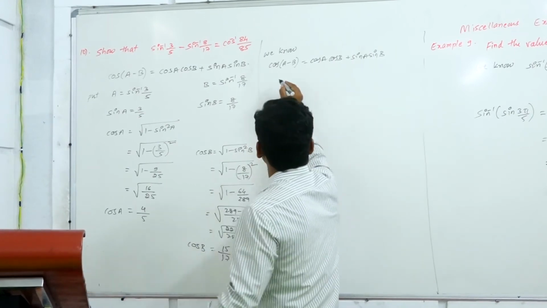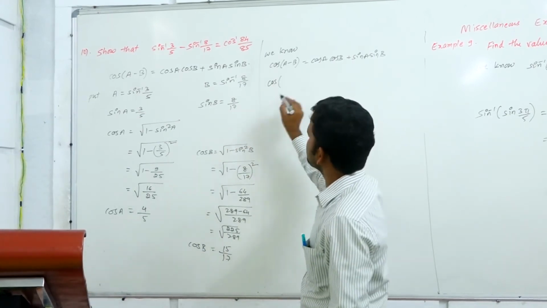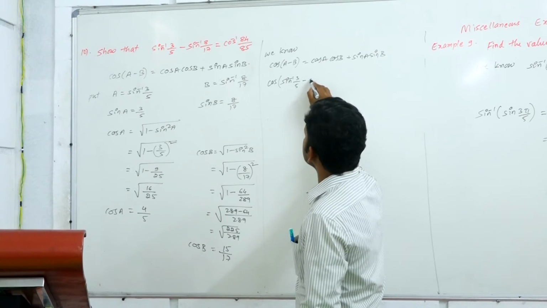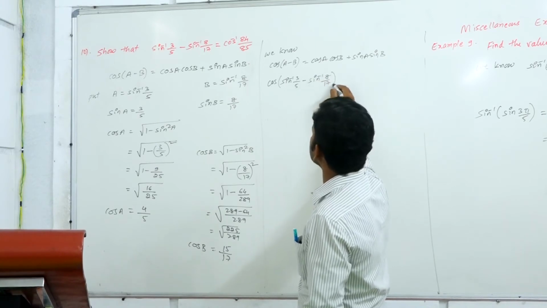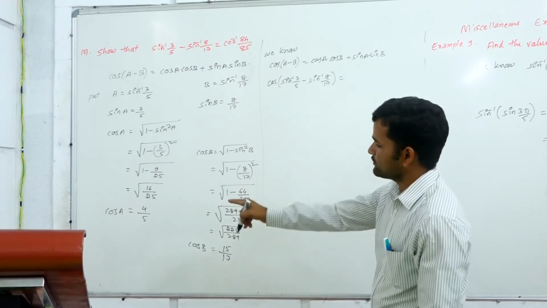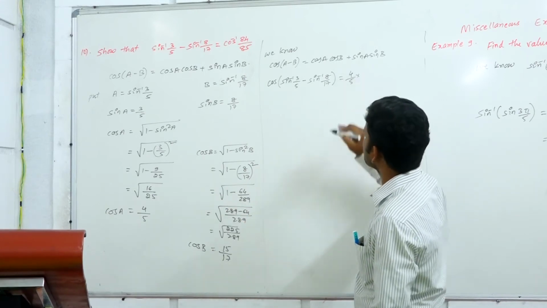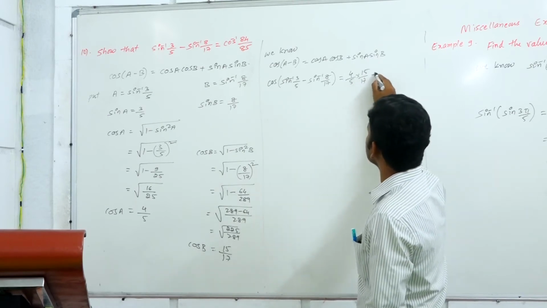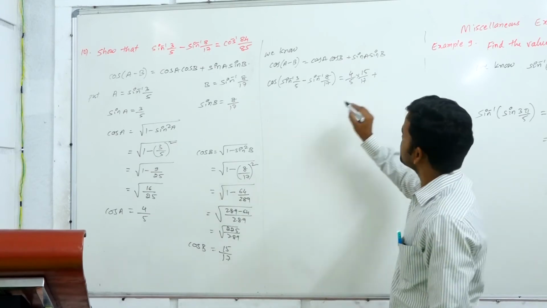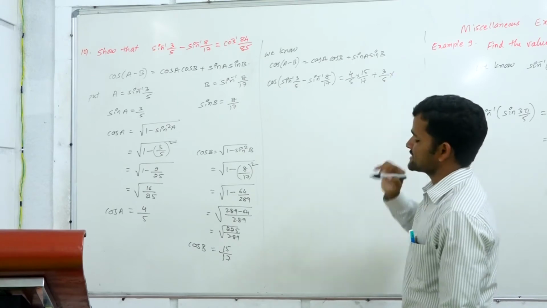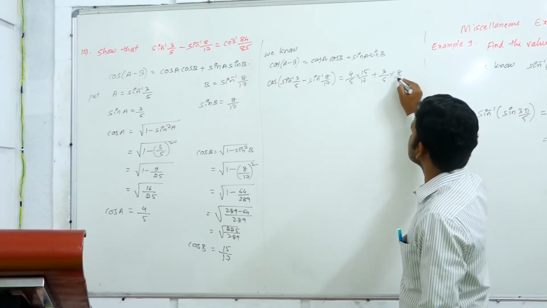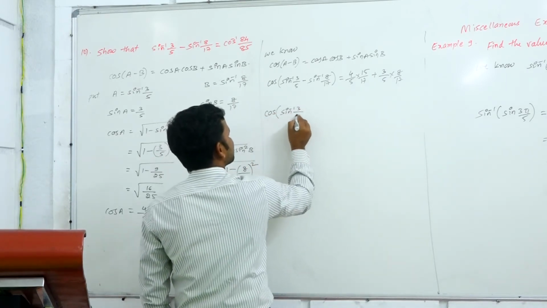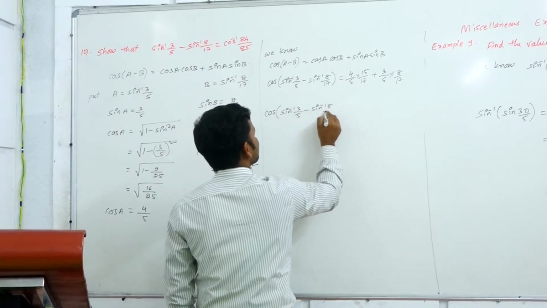Okay. Cos of, what is A? A means sin inverse of 3 by 5, minus B means sin inverse of 8 by 17, which is equal to cos A value 4 by 5, substitute that, into cos B value 15 by 17, plus sin A value 3 by 5 into sin B value 8 by 17.